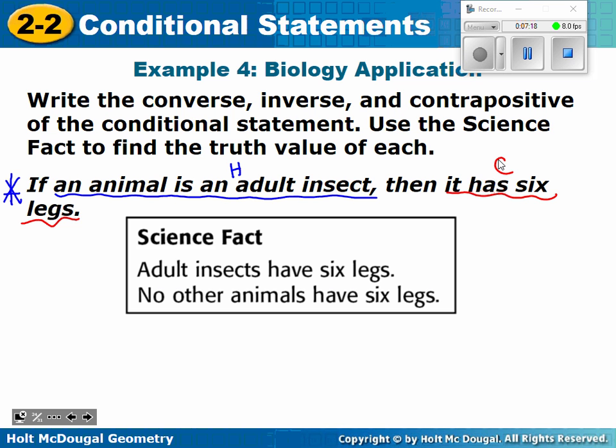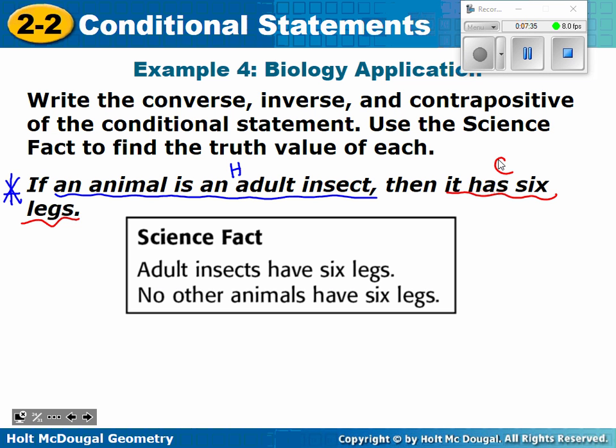Inverse. So the inverse takes the original statement and does what? Negates it, adds in the words not, don't, won't, or takes them out if they're already there. So we'll start with if, what? Very good.